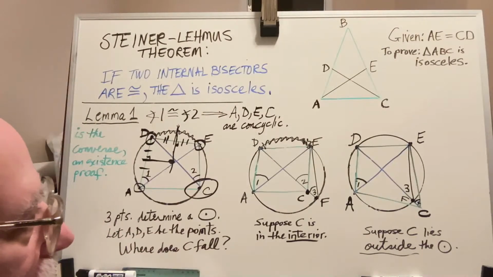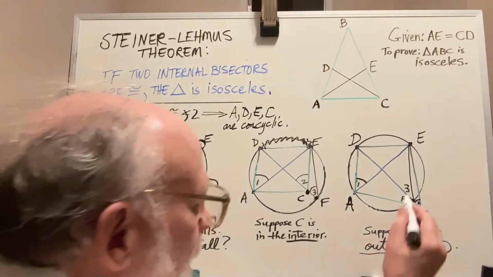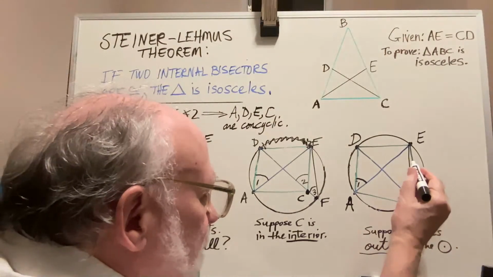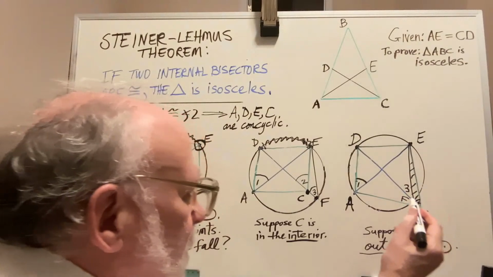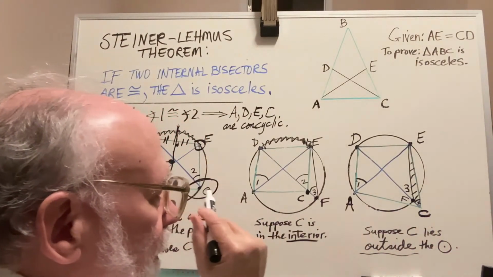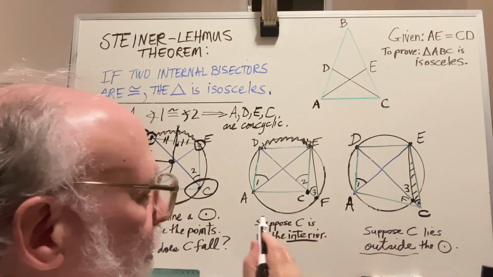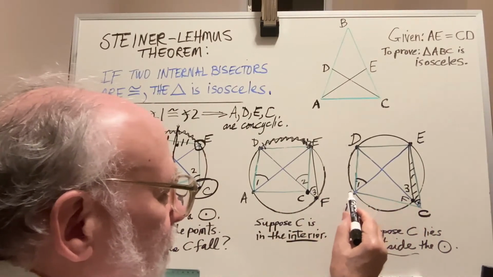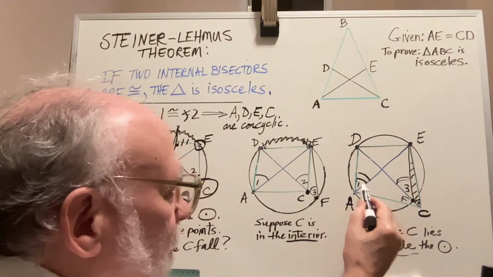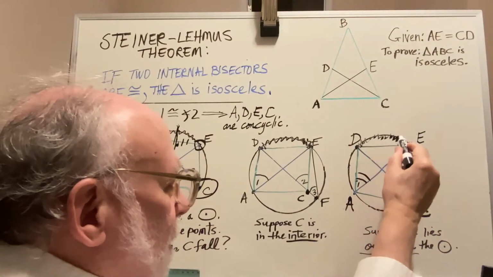And we're going to get the same contradiction. Angle 3's got to be bigger than angle 2 because it's exterior to this triangle. But 1 and 2 are given to be congruent, and we know that 1 and 3 are also congruent because they share an intercepted arc in common.